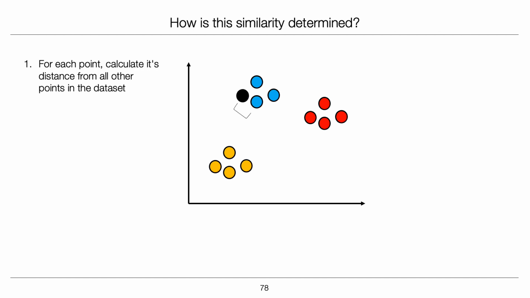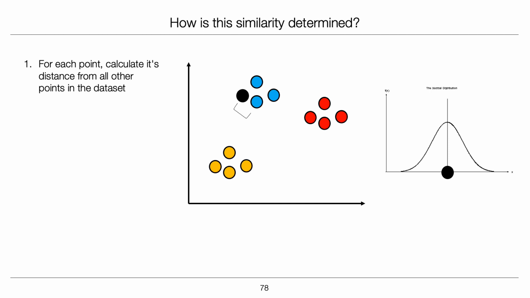Well, how do we determine the similarity between data points in a one-dimensional number line? For each point, we're going to calculate its distance from all other data points using the original 2-dimensional space. These distances are then plotted against a normal distribution.